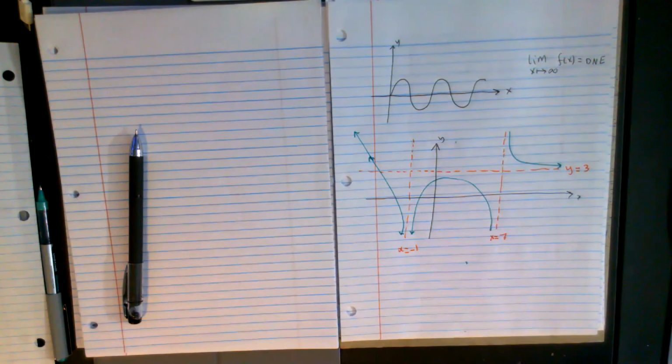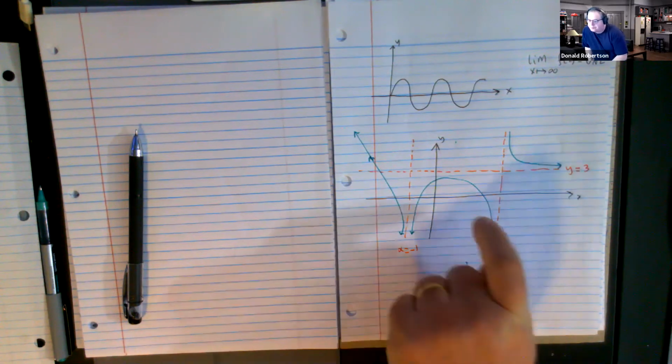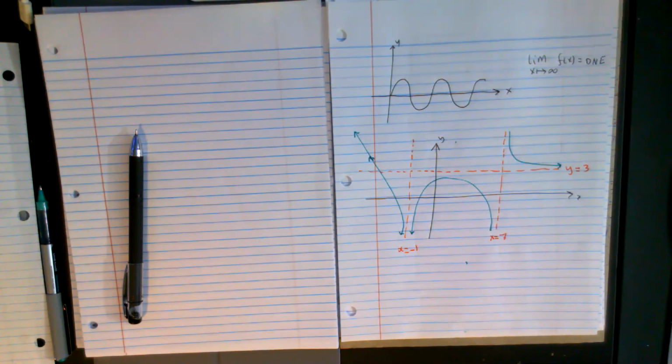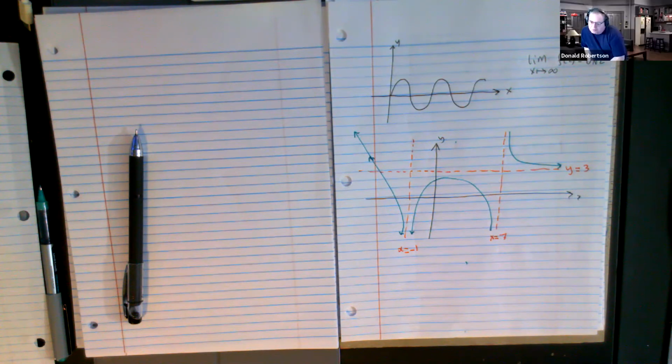What is the overall limit as x tends to -1 in this graph? Negative infinity. Great. What's the overall limit as x tends to 7? That's the other vertical asymptote.